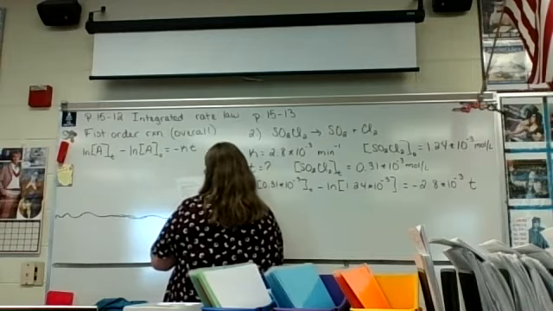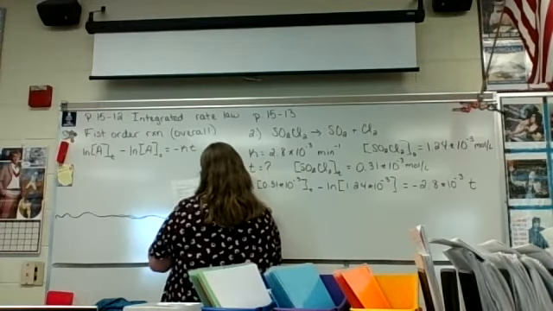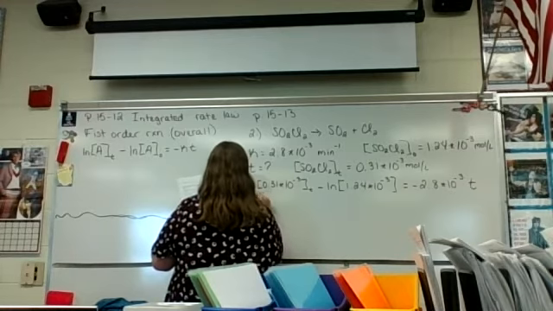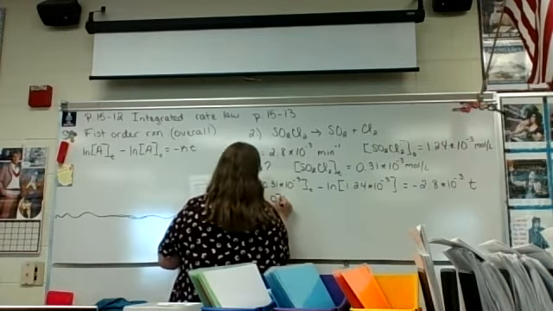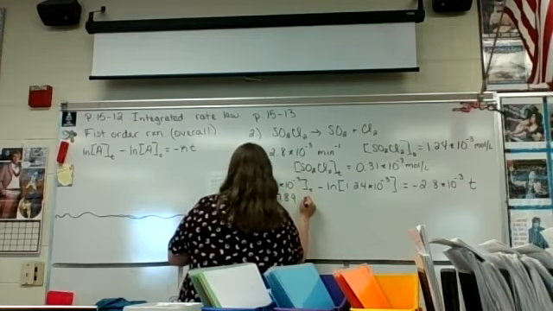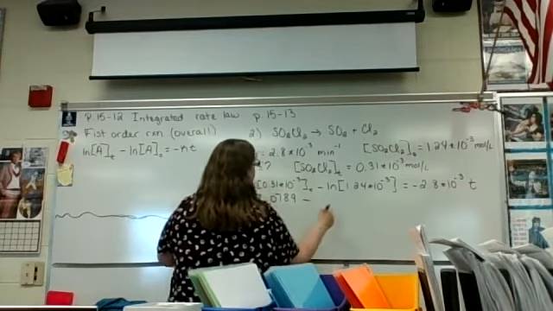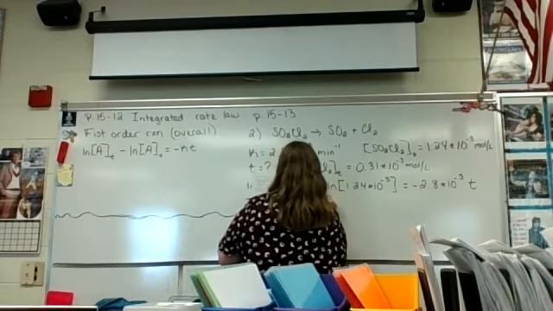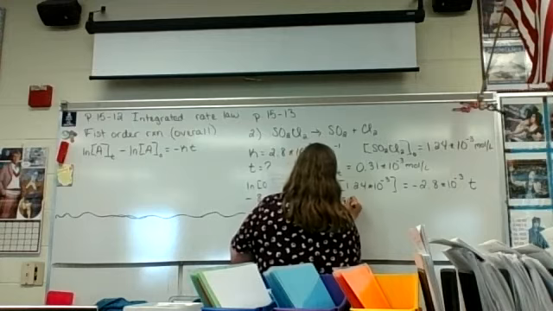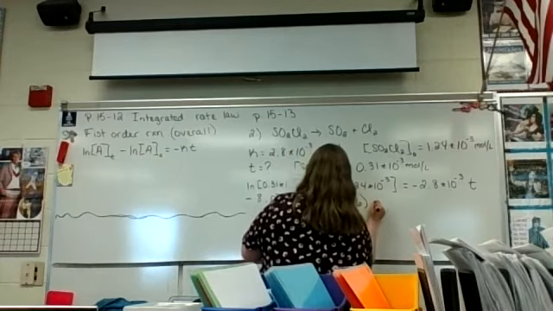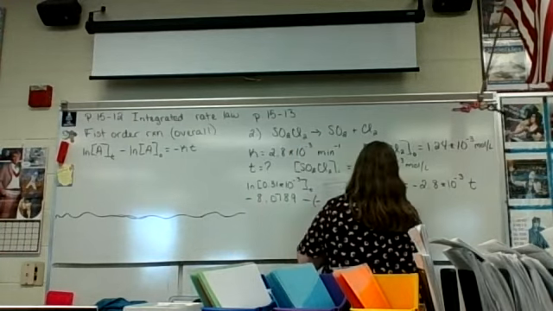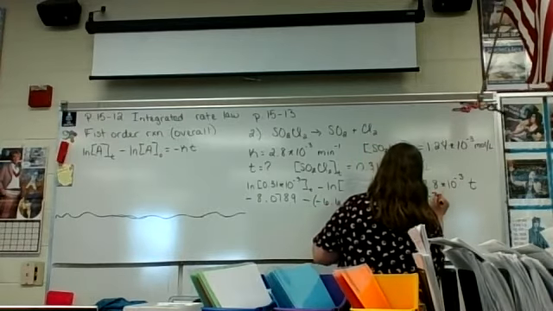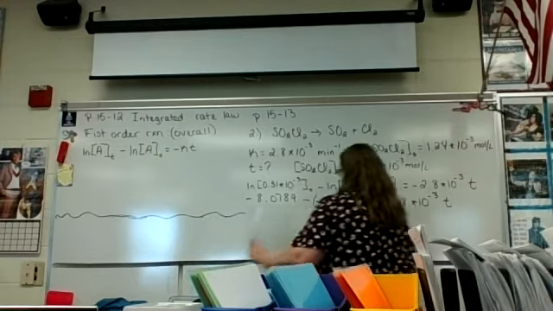Natural log of 0.31 times 10 to the negative third is negative 8.0789 minus the natural log of 1.24 times 10 to the negative third, which is a negative 6.6926, equals negative 2.8 times 10 to the negative third times the time.